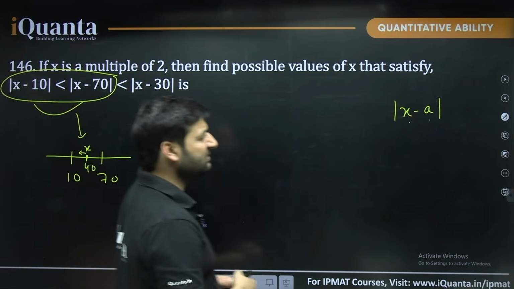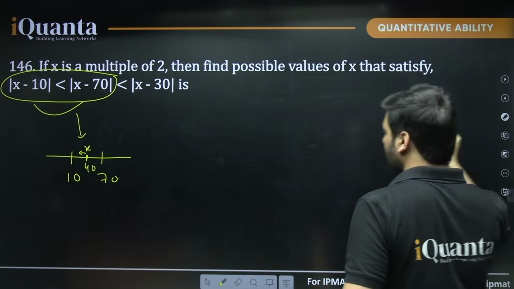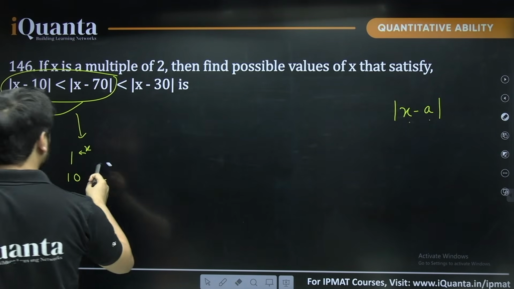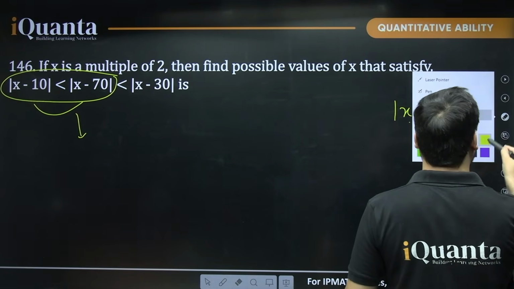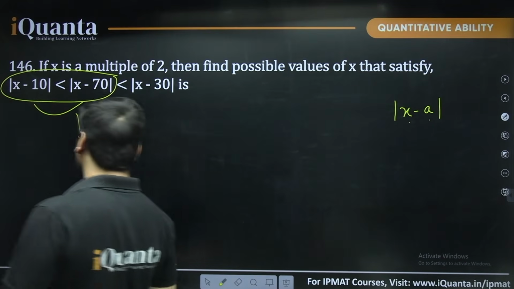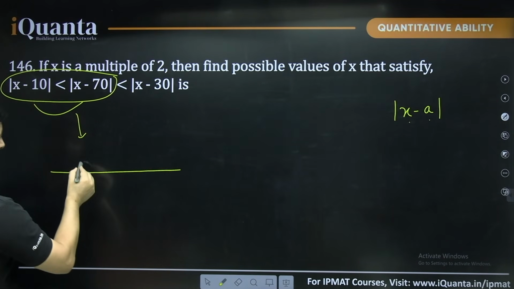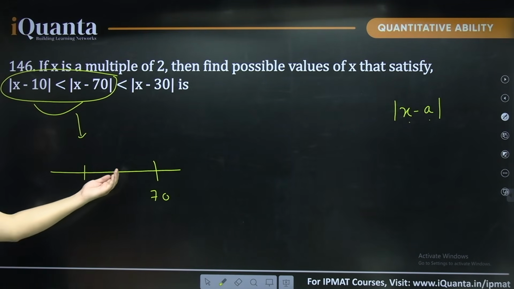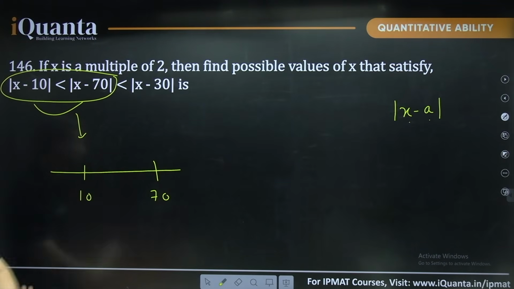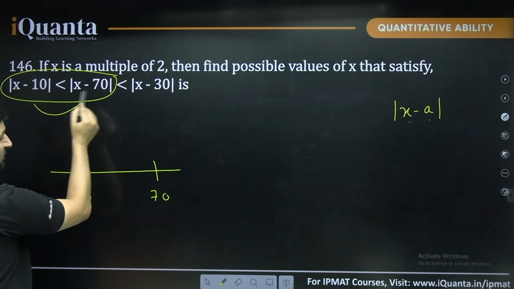In fact, let me erase it and write it clearly. I'll keep 10 and 70 a little bit far apart. So this is 10, this is 70. I want an x which should be closer to 10 than to 70, because from 70 the distance of x should be greater.